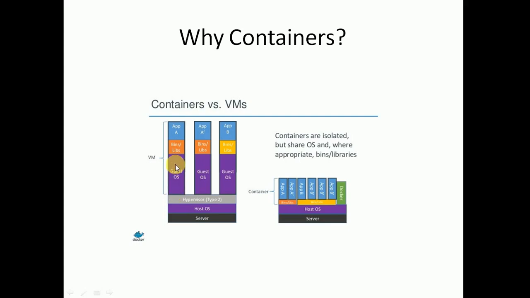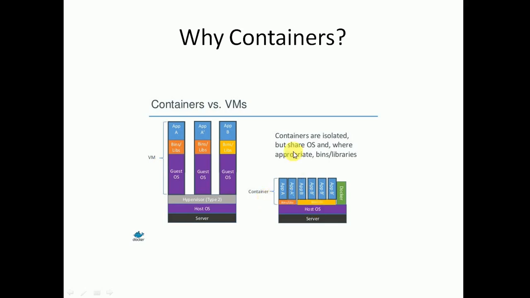If we install a full OS for running an application, that will be more costly and will require more hardware and space. But all we need is bins and libs.